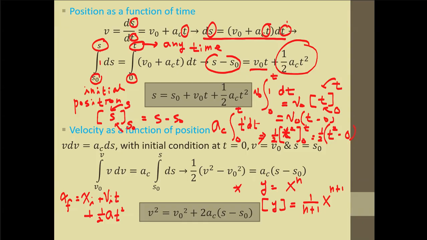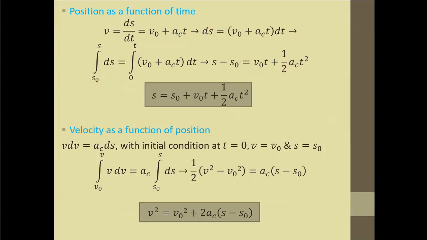Okay, remember in physics, kinematic equations were derived with algebra. Now we use calculus, right? By solving a first order differential equation. Any question? Similarly, the third kinematic equation is this: v dv equals a_c ds.